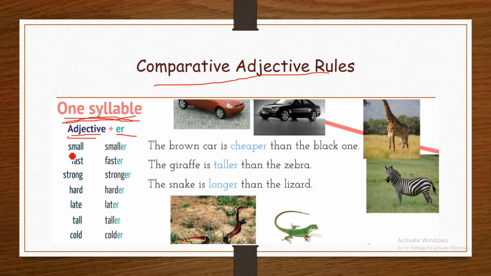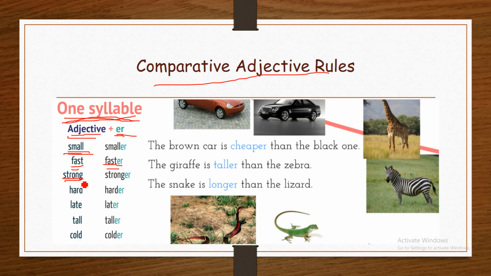For example, small is a one-syllable adjective. Small plus er, it becomes smaller. Fast, one-syllable adjective plus er, it becomes faster.